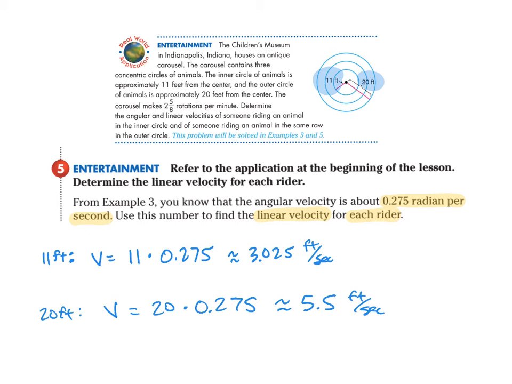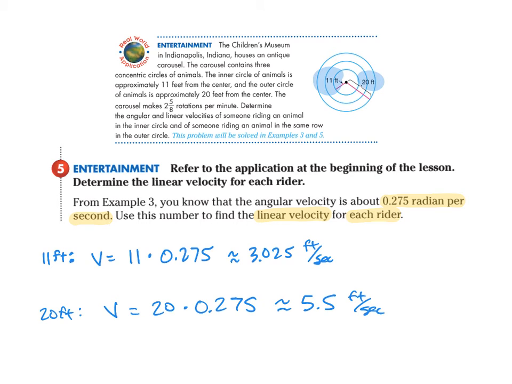So when you're on the outside edge of this carousel, you're actually traveling at a faster linear velocity than you are on the inside, because you're covering more ground. You're covering more ground at a 20-foot radius than you are at an 11-foot radius. But since those two riders are staying in relatively the same position, the outside rider has to travel faster.